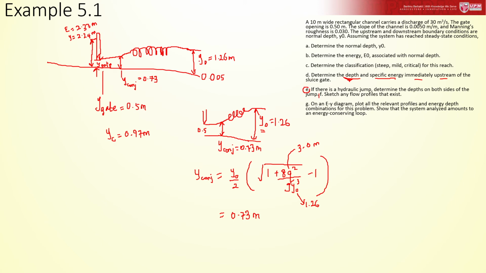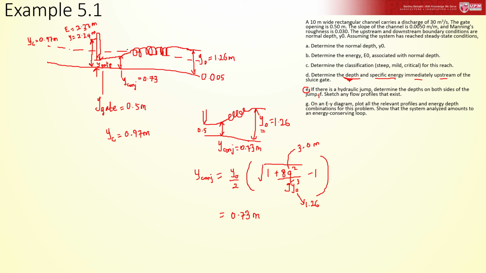So it follows the slope of the channel. This is YC, critical depth, equal to 0.97 meter. So I think we can already know the profile of this section.